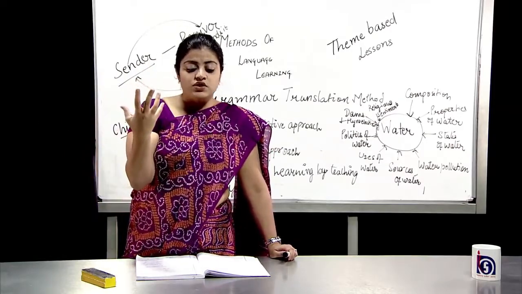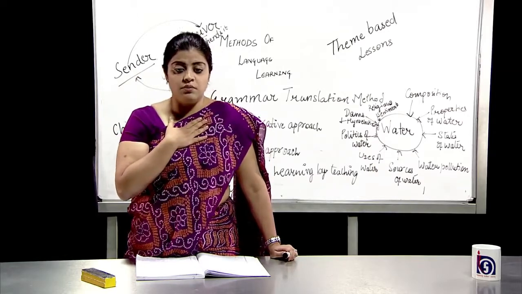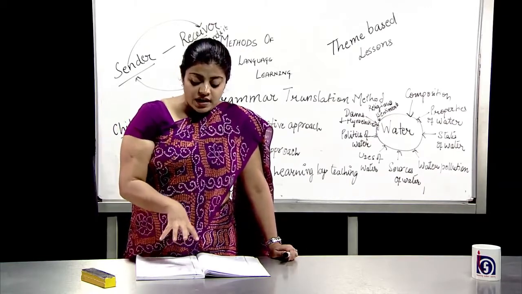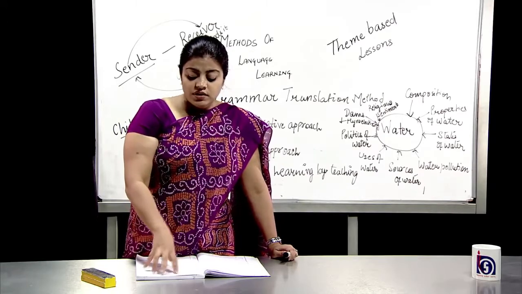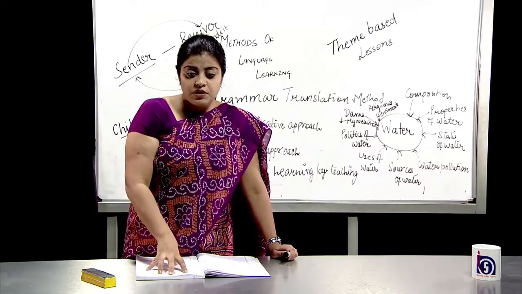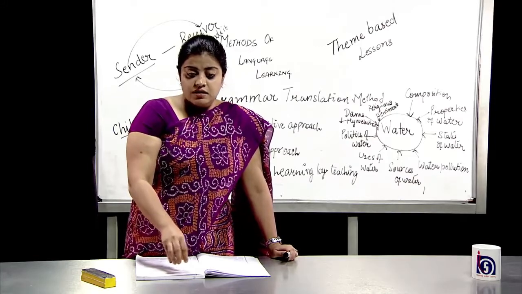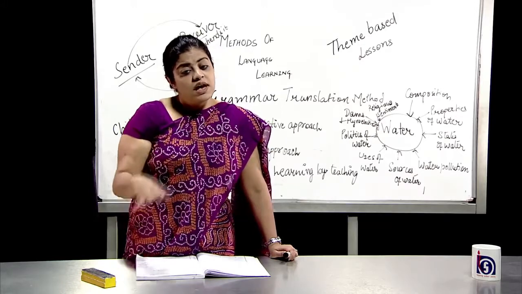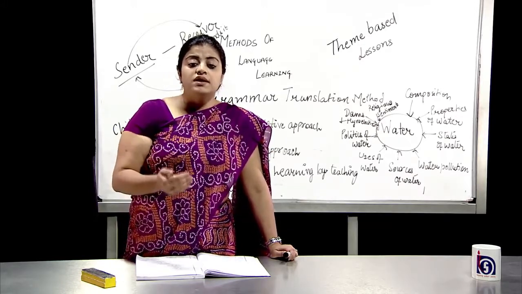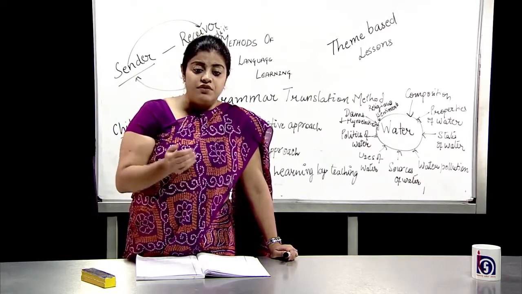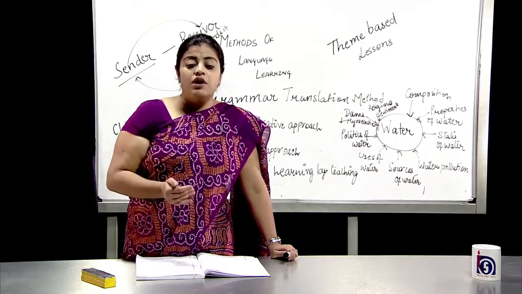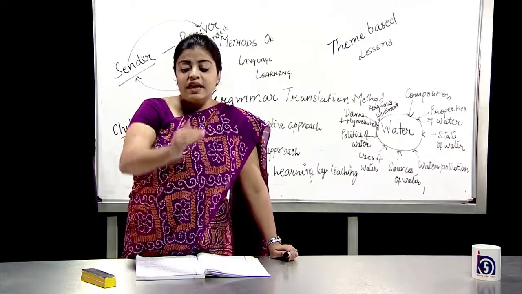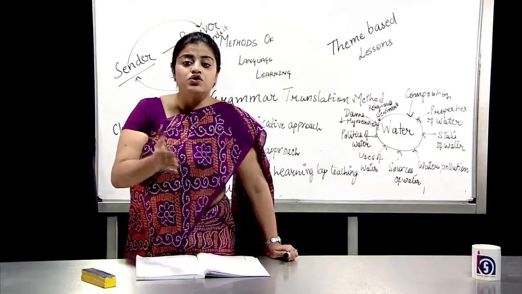For example, if I want to open a restaurant but I don't know what kind of restaurant I should open so that it's profitable, I can do a survey within the school and go to people of different age groups, different genders, or different classes, and find out what they like, what kind of cuisine they prefer, and what cost they are ready to pay for lunch or dinner. That is a survey I can run, and then come up with the solution of what kind of restaurant I want to open.